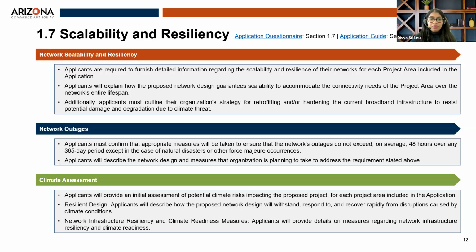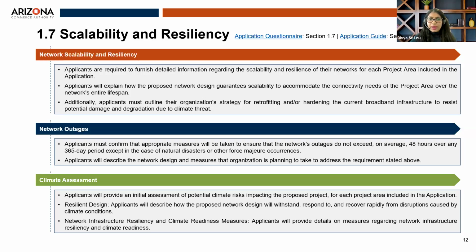Here, the applicants will describe the network design and the measures that the organization is planning to take to meet this requirement. In case the applicants are unable to meet this requirement, they must provide an explanation for the same.